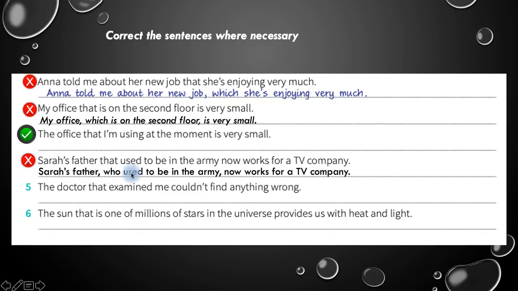Sarah's father, who used to be in the army, now works for a TV company. We have commas because this is additional information, and who instead of that. We cannot use that in non-defining relative clauses.